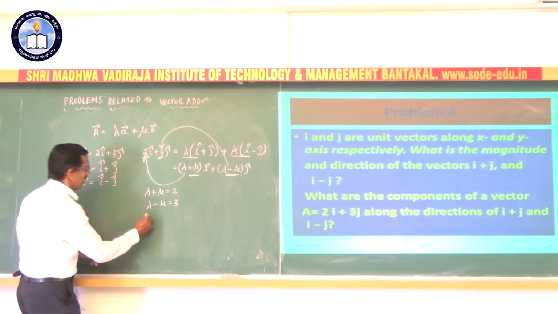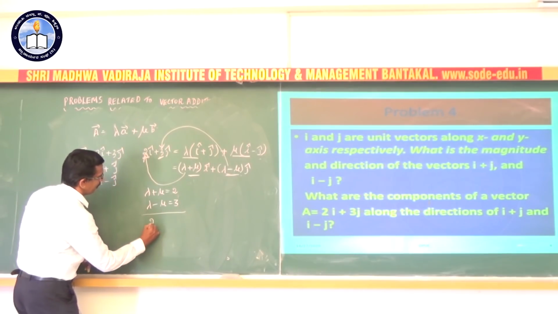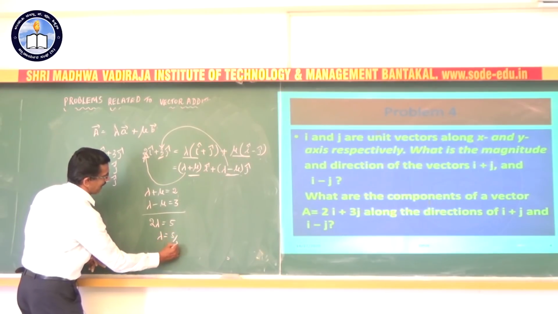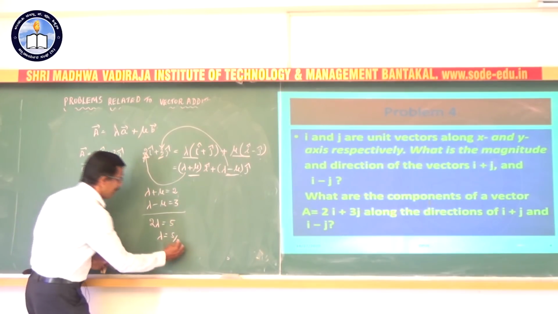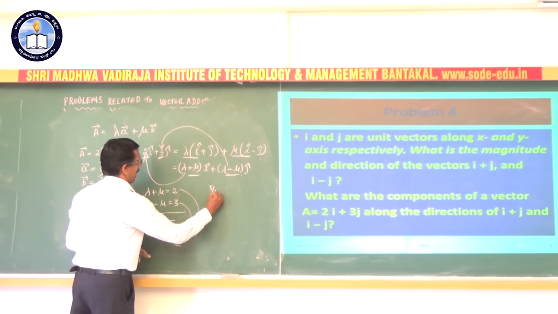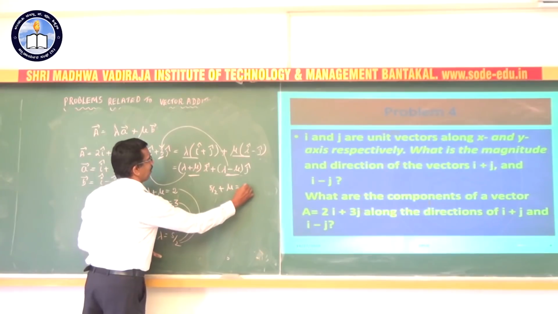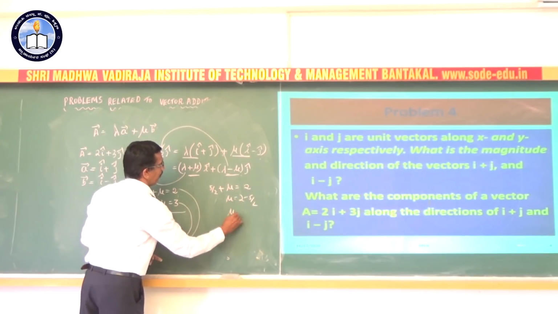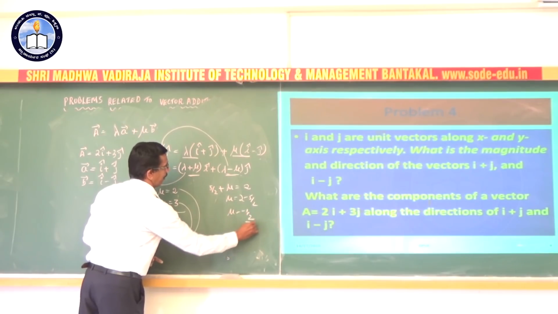How to solve this? Just add. 2 lambda works out to be 5, so lambda is 5 by 2. Substitute this in any one of the equations. Say 5 by 2 plus mu is equal to 2, so mu is equal to 2 minus 5 by 2. Mu works out to be minus half.